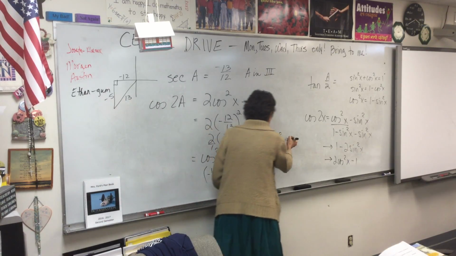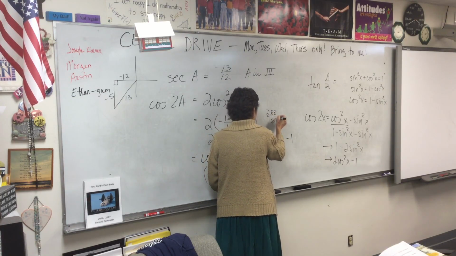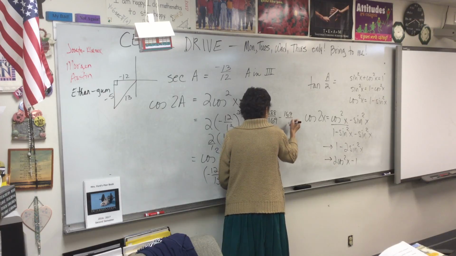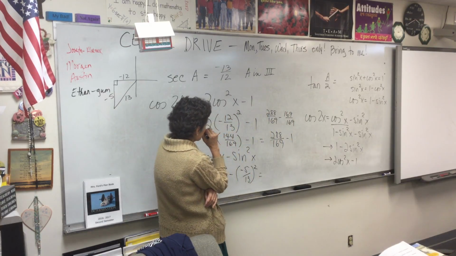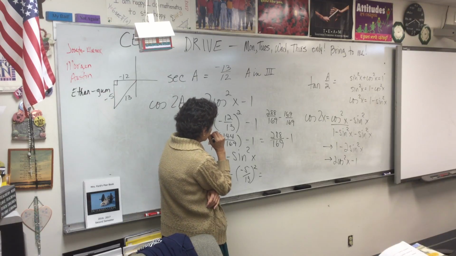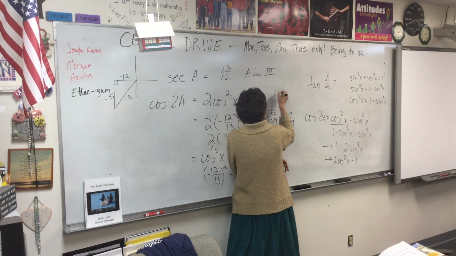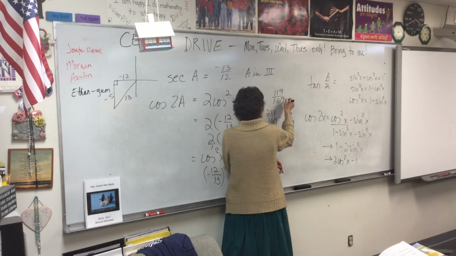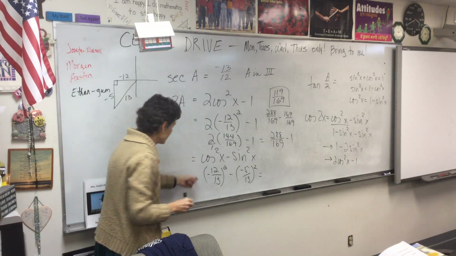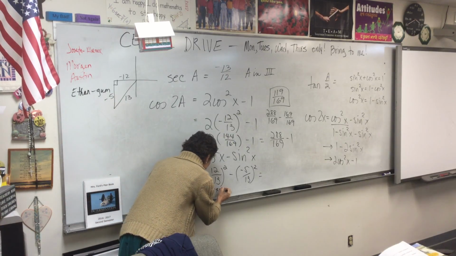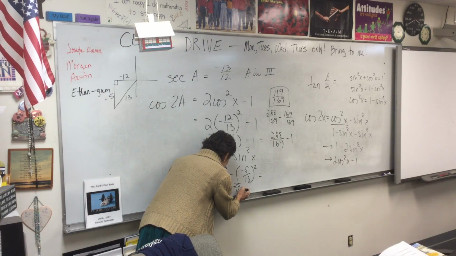And I've got to subtract 1, which means I need a common denominator. What's 288 minus 169? 119. All right, that's what I got when I did this one. Let me see if that's what I get down here. Yep.